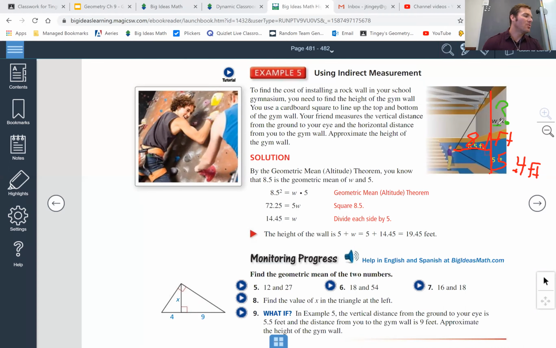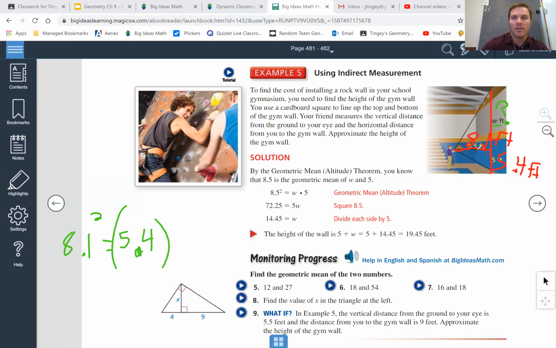Now, again, the geometric mean altitude means the altitude, which is this one right here, this 8.1 feet, when you square that, it will be the product of both segments of the hypotenuse.